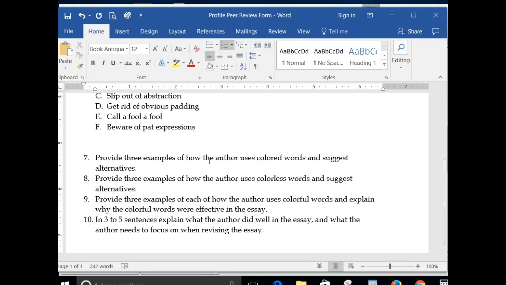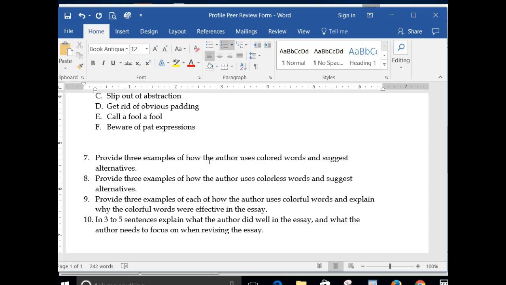So you're going to go back to the Roberts essay, review what colored words are, and then you're going to find 3 examples of colored words and explain or provide some suggestions for your author of how he or she can use colorful words or more colorful words to help get the point across.